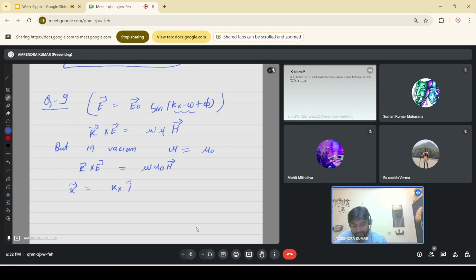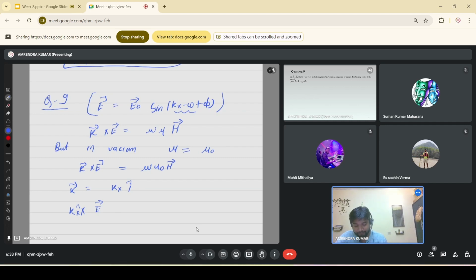So we have this k into x cap into e cap, and E naught is given in some direction. Okay, let's not go there, but we know that we can write this.